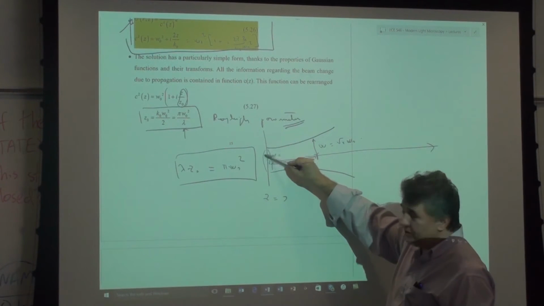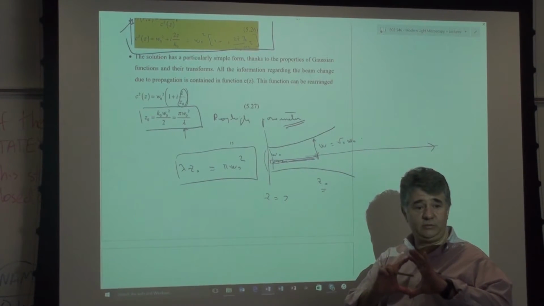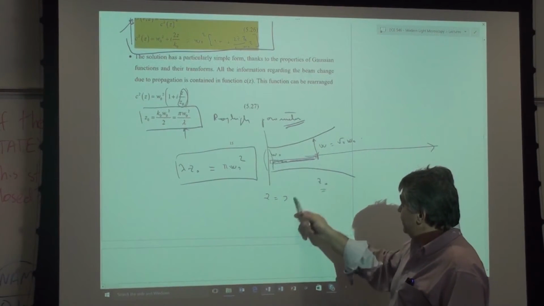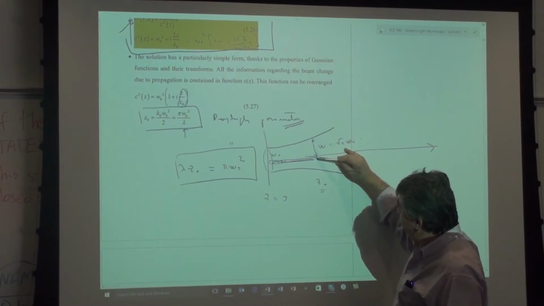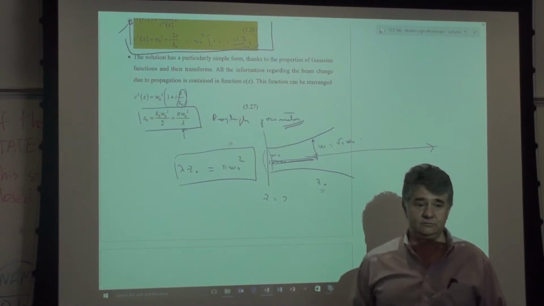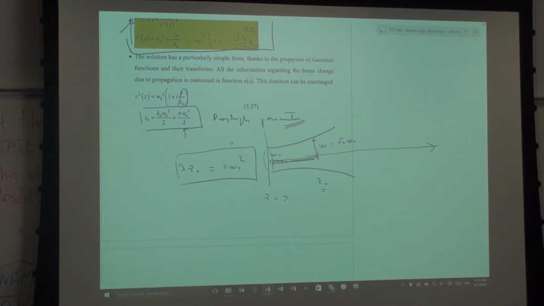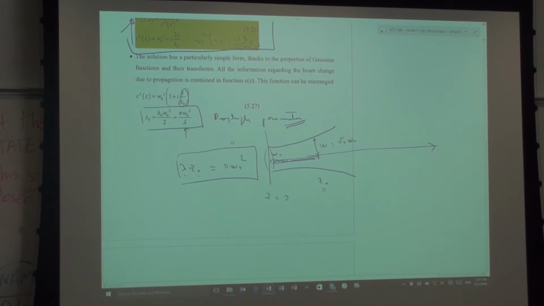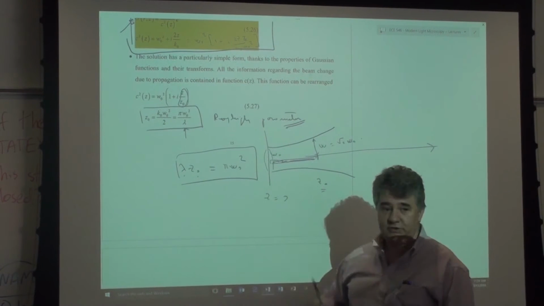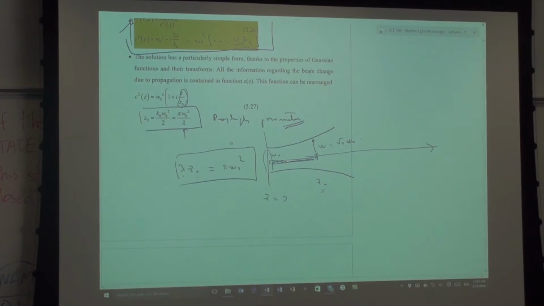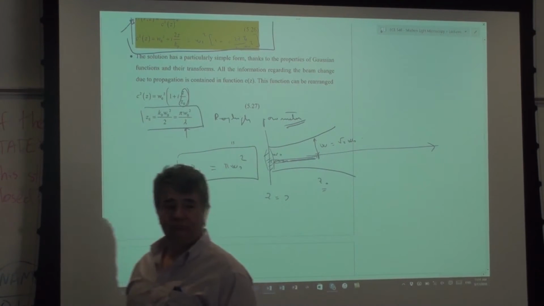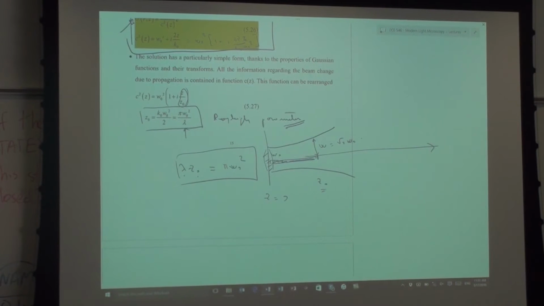So I have an input area, transverse area of the beam defined as pi W naught squared. That's a disk of radius W naught. Z naught is the distance over which, if I make a rectangle of width lambda and I multiply with Z naught, I get the same area. So lambda times Z naught gives you an area of the rectangle that equals pi W naught squared, which is the area of the disk. So now you remember that formula. I don't need to memorize.